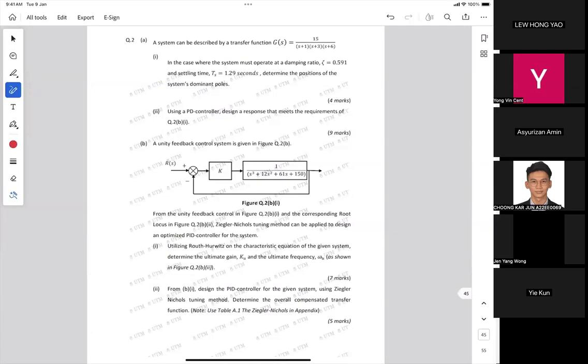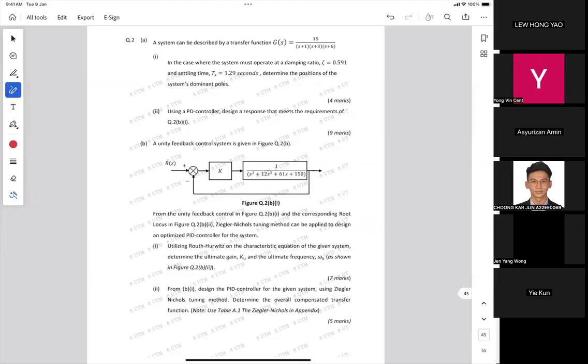A unity feedback control system is given in figure Q2B. From the unity feedback control in figure Q2B1 and the corresponding root locus in figure Q2B2, the Ziegler-Nichols tuning method can be applied to design an optimized PID controller for the system.